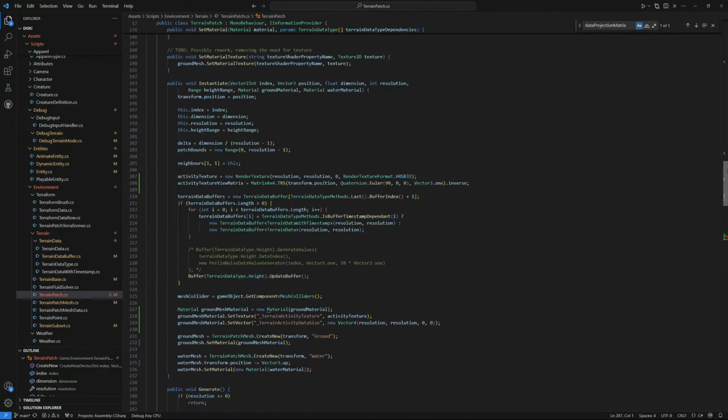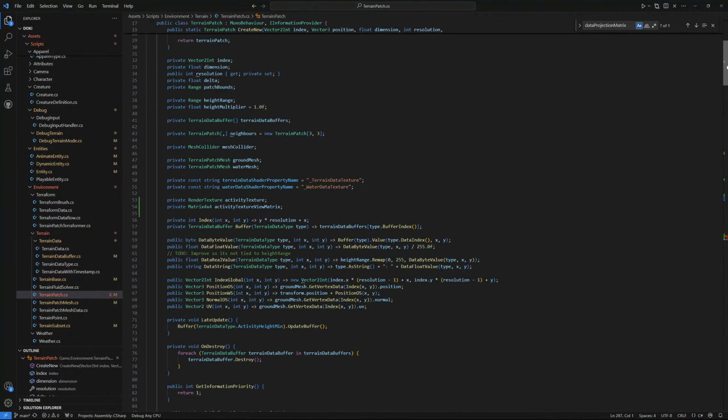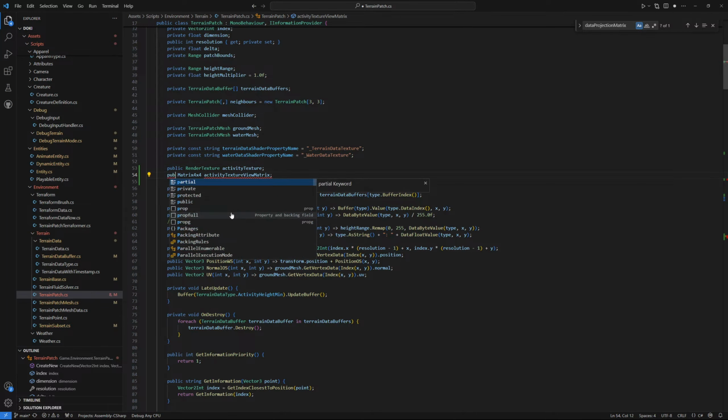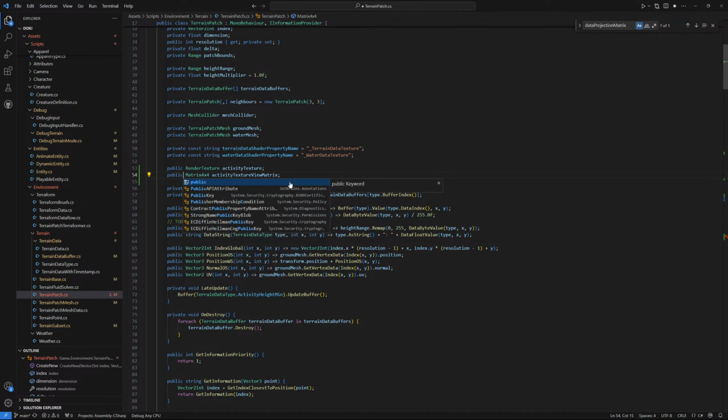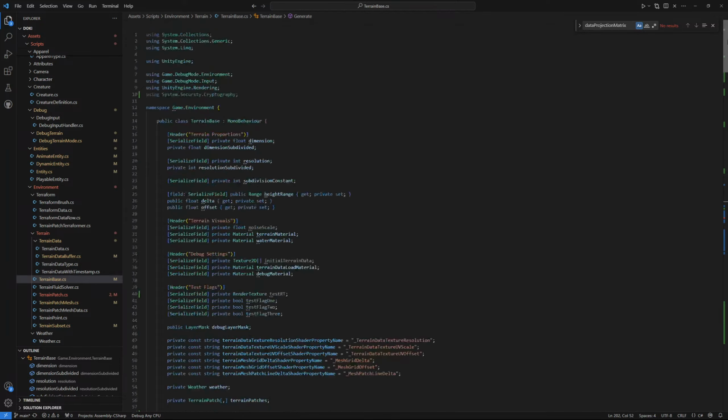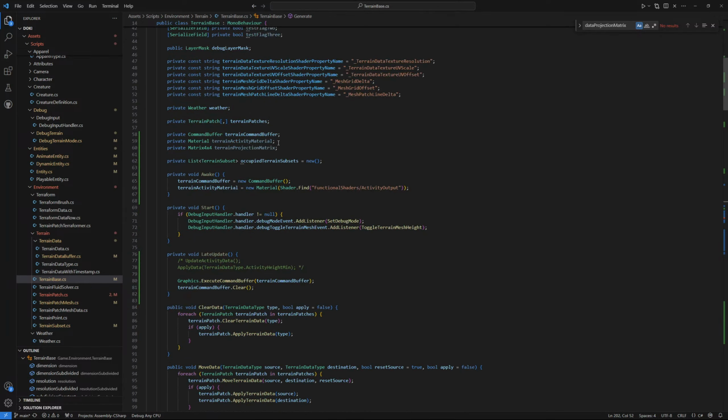Yeah, so I want it to be something like this. Let's see what we have. Private render texture. I'm going to do public get private set terrain base, terrain command buffer, terrain activity material.